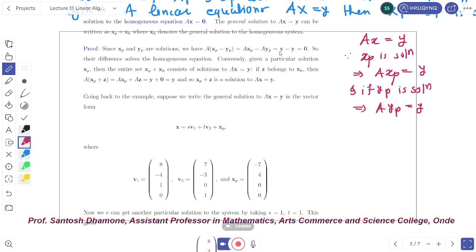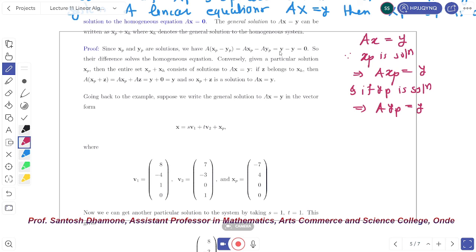This is the next part of our lecture, but we know that our solution is x equal to s into the vector 8, minus 4, 1, 0 plus t into 7, minus 3, 0, 1 plus the vector minus 7, 4, 0, 0.